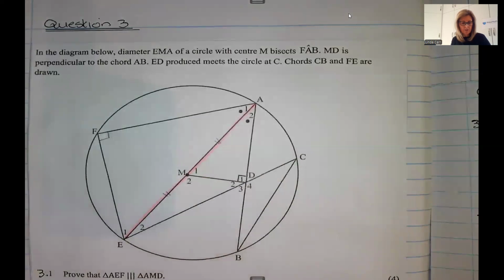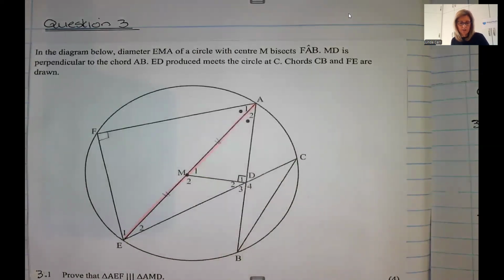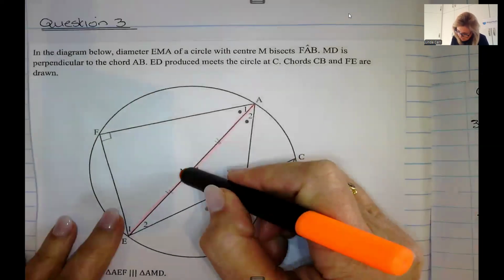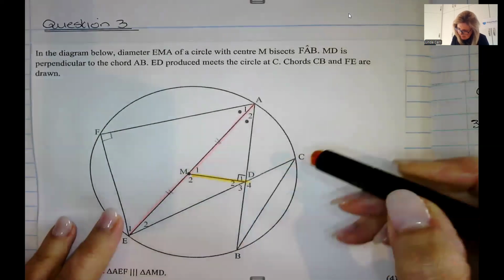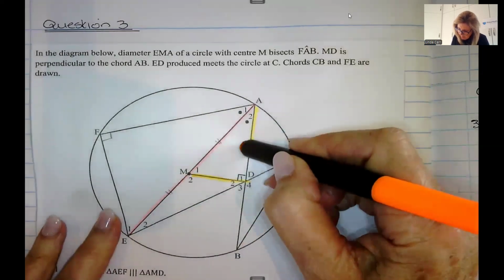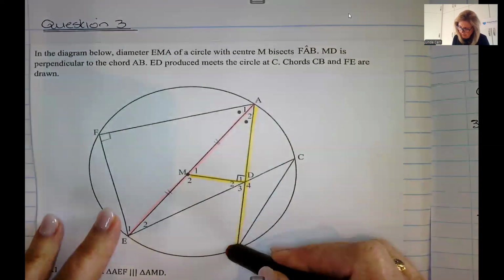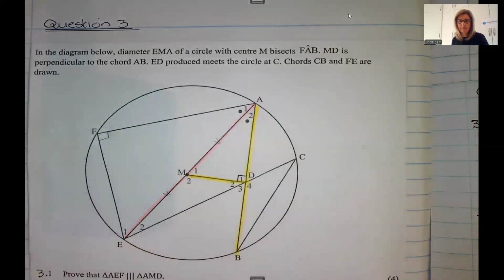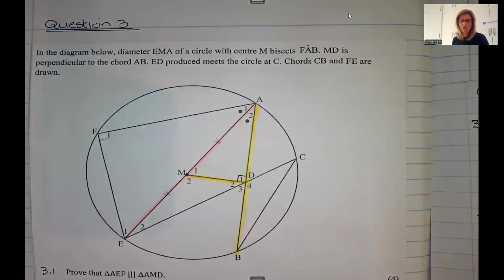Okay, they've drawn this diagram in such a way that it can be quite tricky to see which theorem they're doing here. So I'm going to do some highlighting. MD is perpendicular to chord AB. All right, so the moment I do it like that, can you see it's like that T shape?